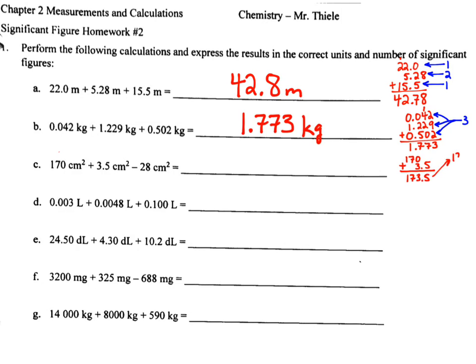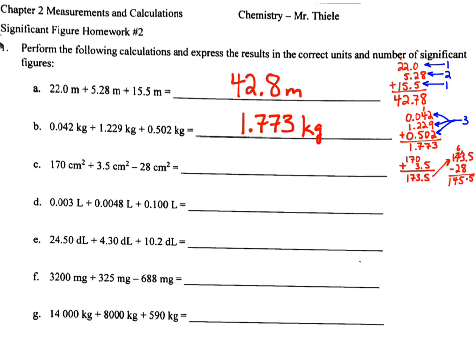So we have 170 plus 3.5, which gives us 173.5. And now we'll subtract the 28 from that 173.5. So we'll take 173.5 minus 28.